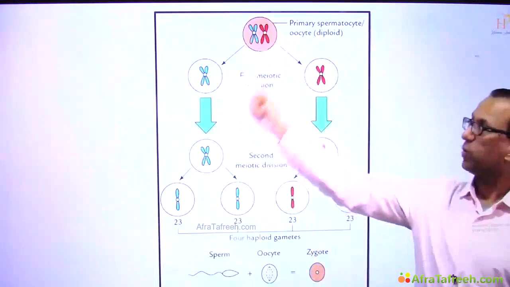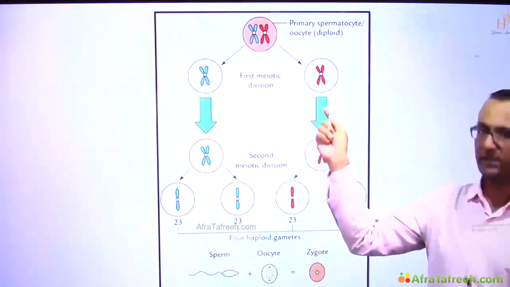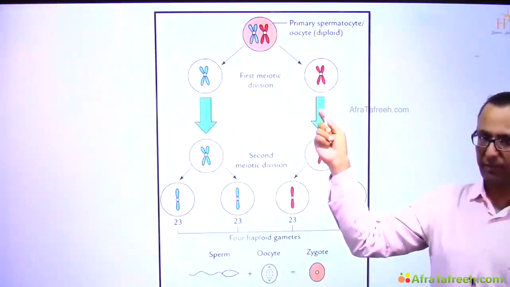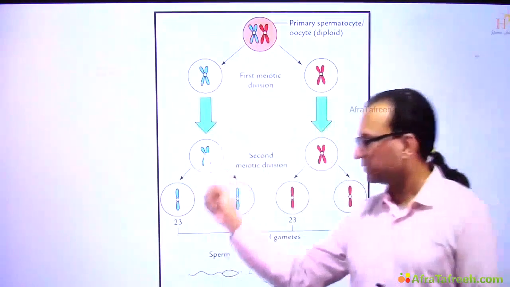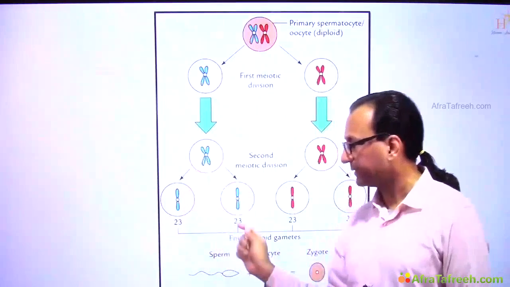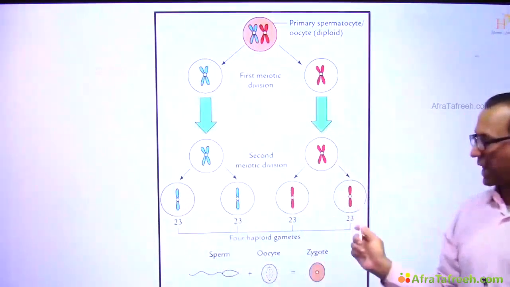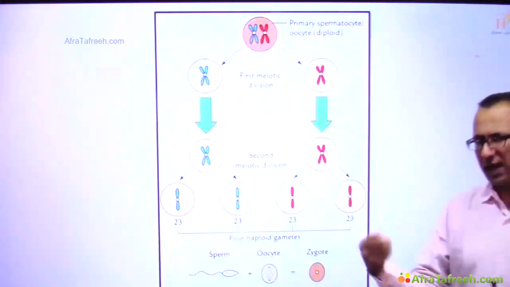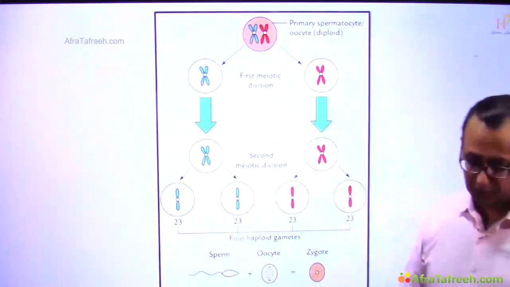So during meiosis 1, the homologous chromosomes are separating. The next cell, which is the secondary gametocyte, becomes haploid. And after that, the sister chromatids are separating, and then these are all haploid gametes. The gametes are actually haploid. We'll have to look at more details for this now.